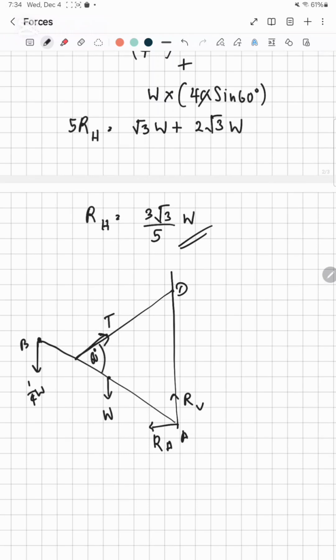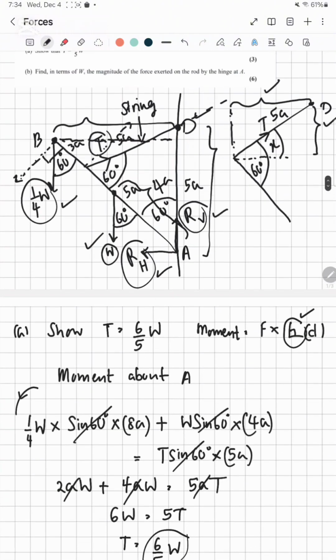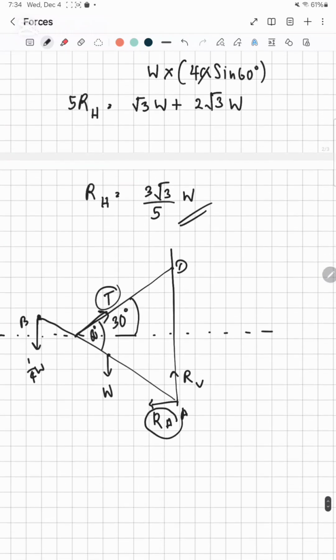So if you look along the horizontal, the forces acting along the horizontal are only RH and T resolved to the horizontal. If this is 60, this angle is 30 because it's an equilateral triangle, so you've got equal sides.